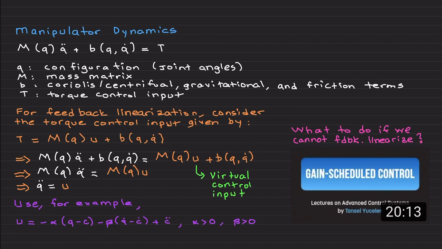In this case, you find a linear model of your system at the desired equilibrium points, and then design a controller for each linearized system. This allows you to control the nonlinear system around the operating points of interest. This is called gain scheduled control.